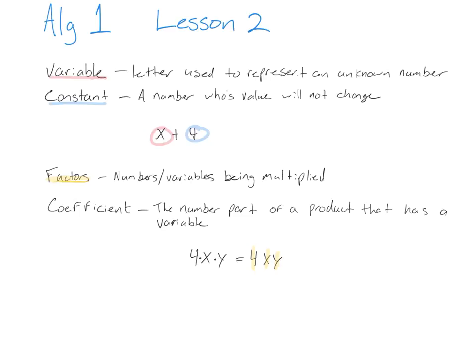However, the only one that's a coefficient is going to be the number part, which is this number 4. All 3 of these would be factors. The only coefficient would be the number 4. Also, these 2 would be variables, and this one is also a constant.